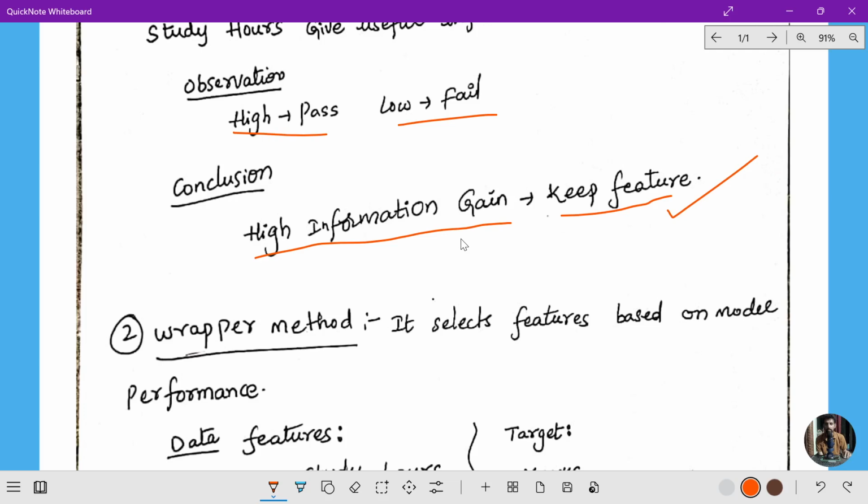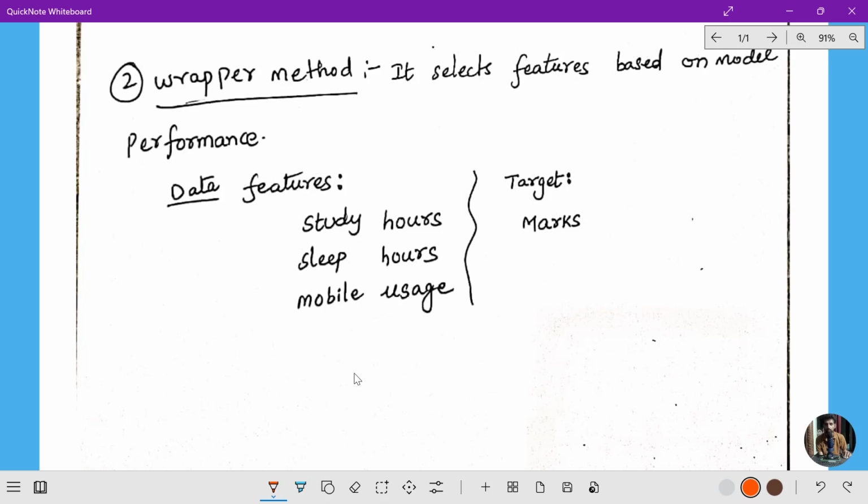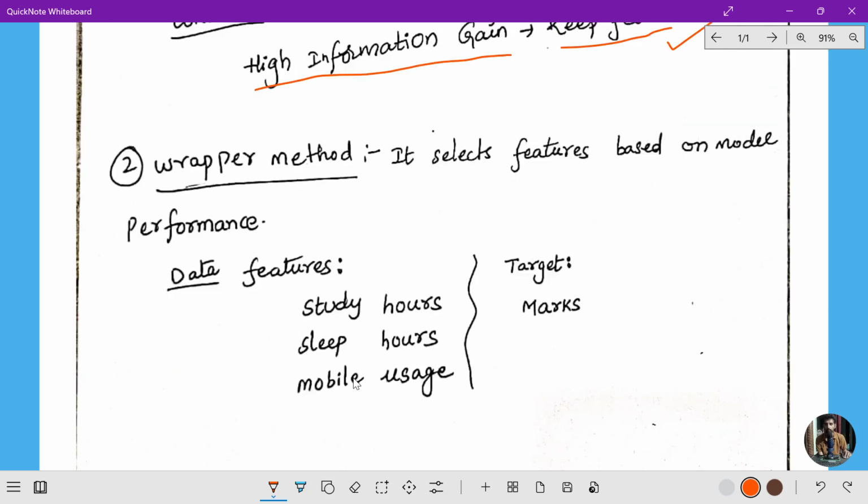The second feature selection method is called the wrapper method. It selects features based on the model performance. In this, the data features are study hours, sleep hours, and mobile usage, and the target is marks. We select the features based on the model performance.